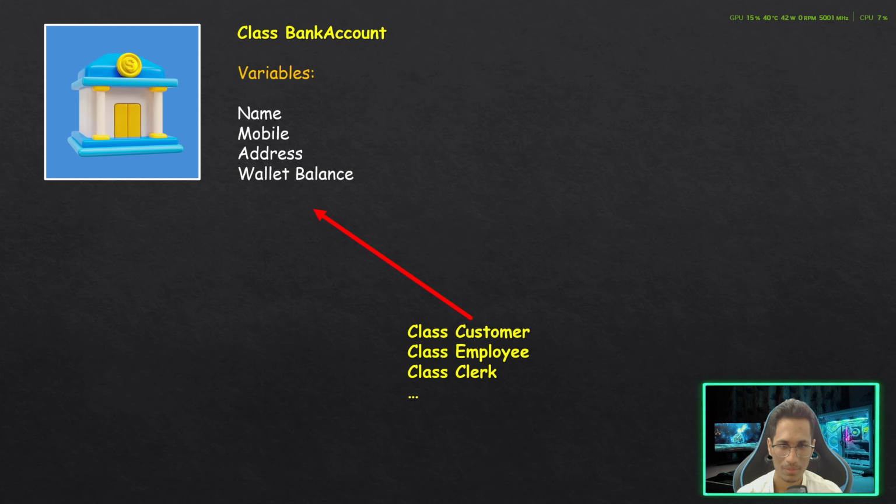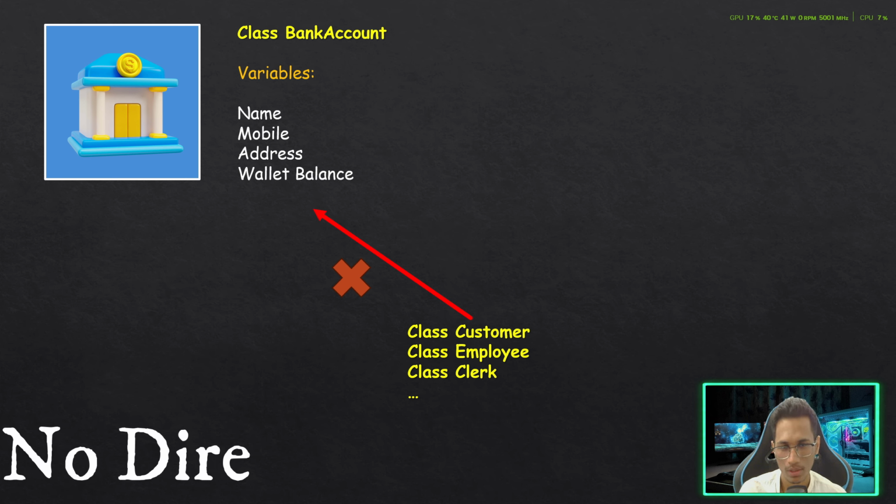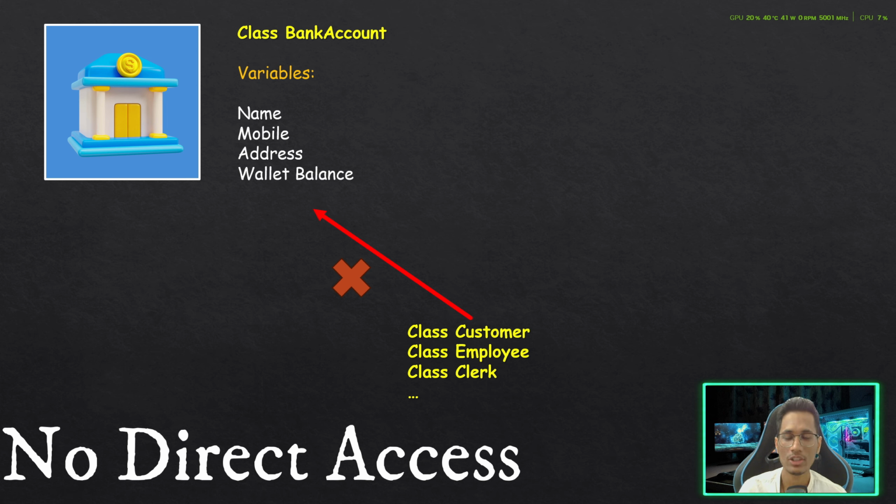Direct access, meaning reading the variables directly, is strictly prohibited. If you can follow this principle in your entire programming duration, trust me, you are going to love it. This is the principle of object-oriented programming, that you should never, never, ever access the variables directly.